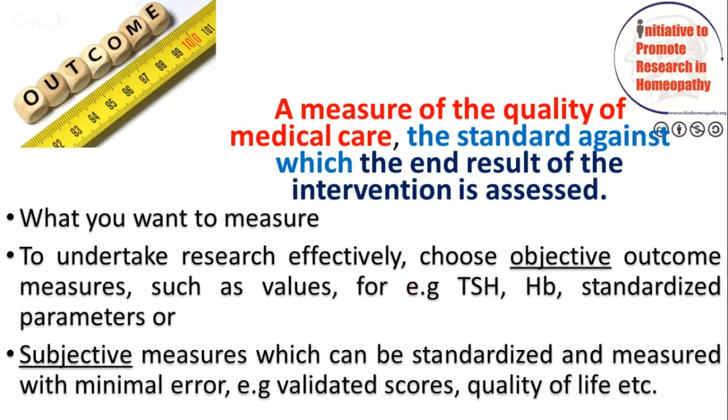In those cases also, the symptoms or the signs are converted to numerics, because numerics can be easily assessed, recorded, and analyzed. So the better the outcome you have, the better the research you have, and they should be validated. You must not create a new outcome measure.